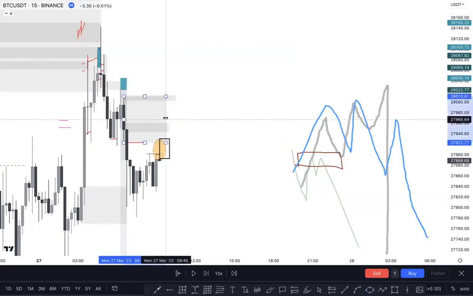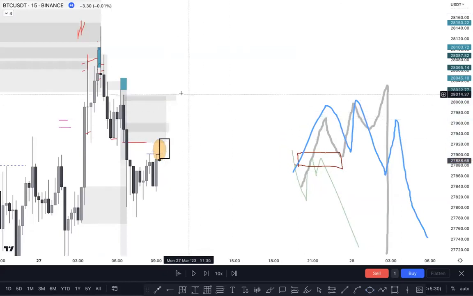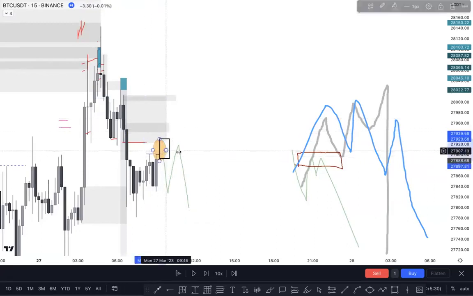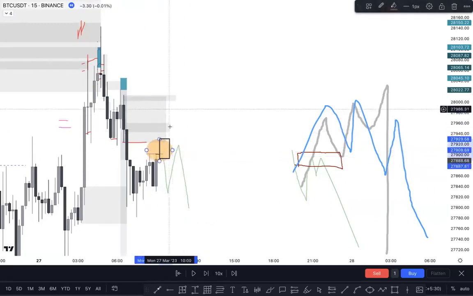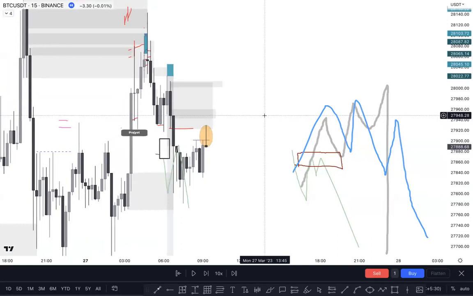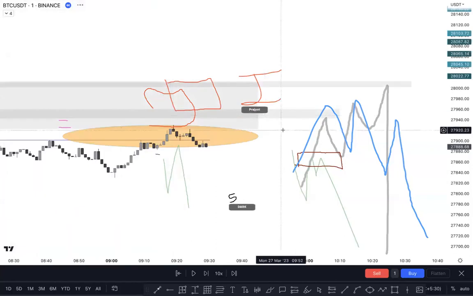Because price already tapped your higher time frame order block. So price no need to mitigate this order block or this order block. Why? Because price has taken out the liquidity and tapped your higher time frame PDI, and you have to focus here, not there, right? So you have to switch again to the 1 minute time frame, then you can add more position here for this sell. Correct. So let's see.